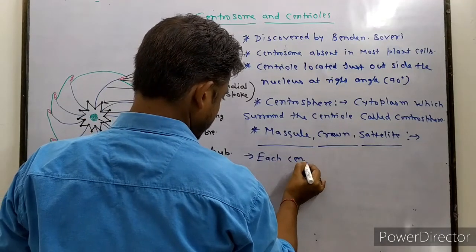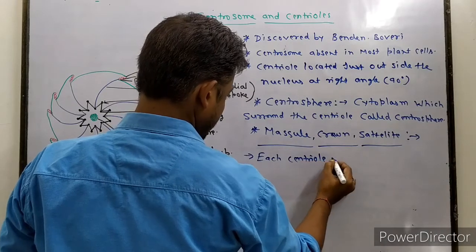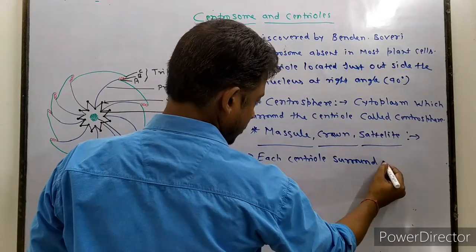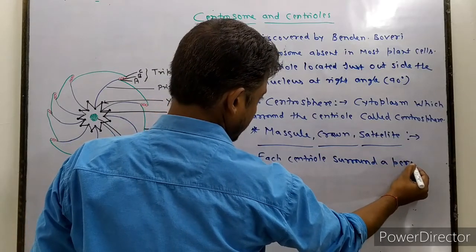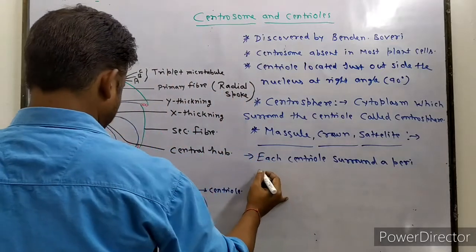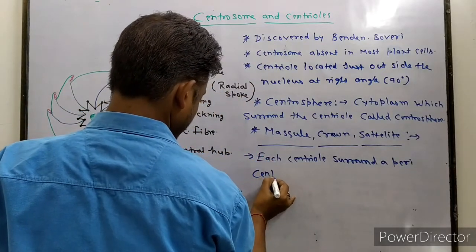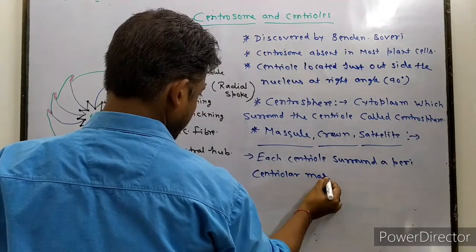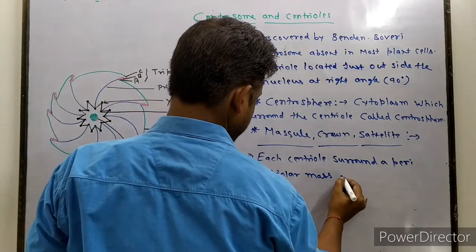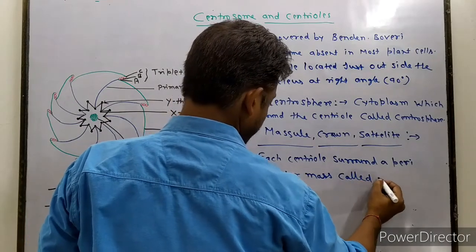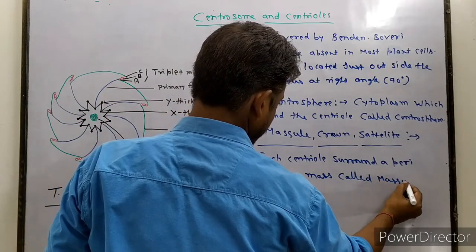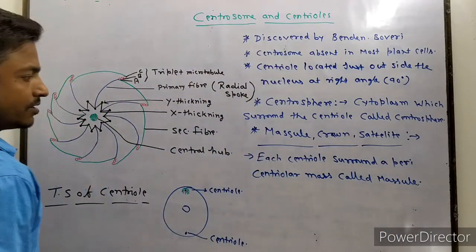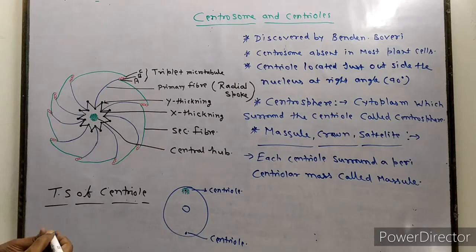Each centriole is surrounded by a pericentriolar mass called macule.